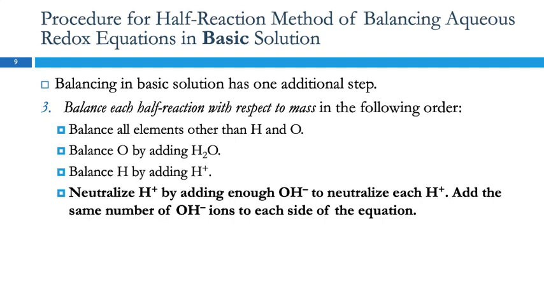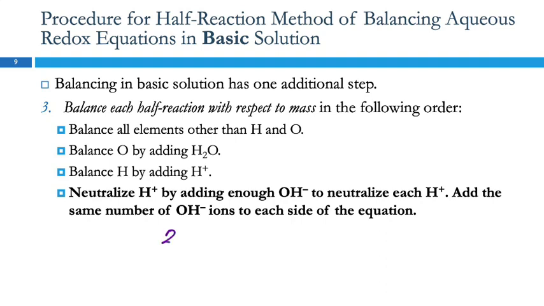But in a basic solution, we have hydroxide ions present instead of hydrogen ions. So what we're going to do is look at the number of hydrogen ions, and we're going to add the same number of hydroxide ions to each side. So that won't mess up the balance.